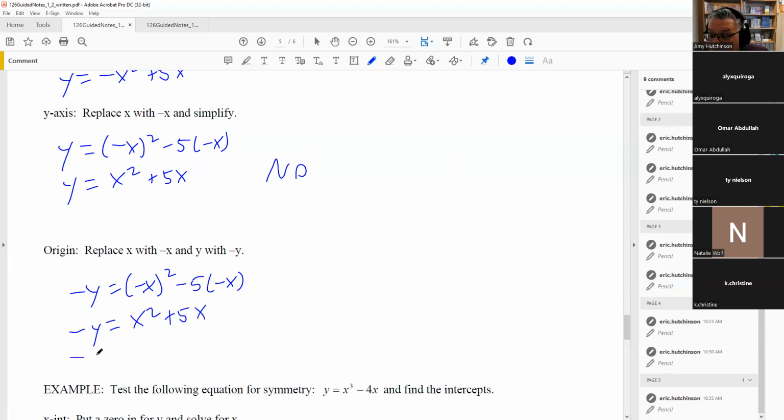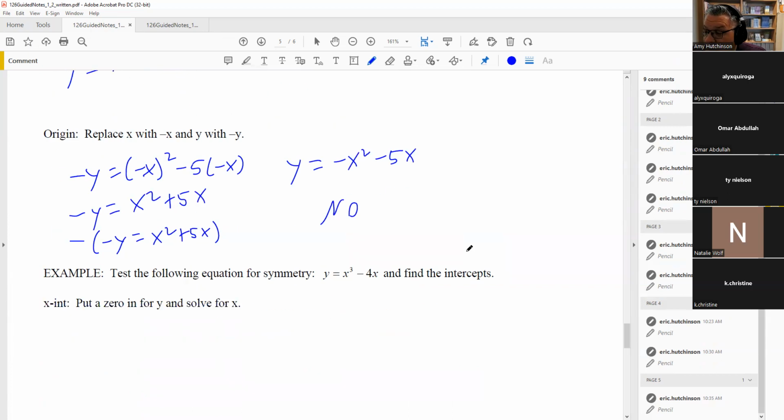Again, if I multiply the entire equation by a negative, both sides, I get positive y equals negative x squared minus 5x. That's again not the same as the original one, because I've got to have a positive y and a negative here. So because of this negative, that's a no also, which means if you get no for all three of those, it does not have any symmetry at all. So this has no symmetry at all on this one.